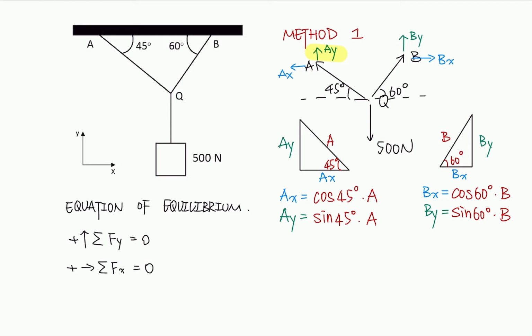Ay is positive, so we will write sine 45 times A. And for By, it is also positive, so we will write sine 60 degrees times B. And for the box, it is going downward, which is negative. We will write negative 500 newtons.